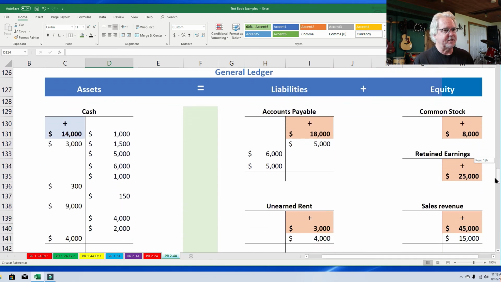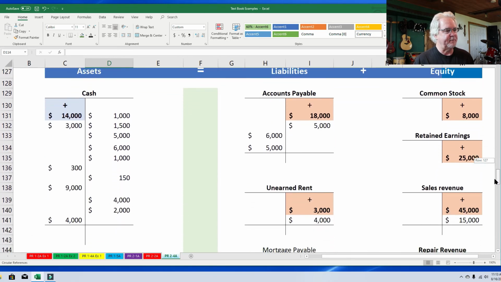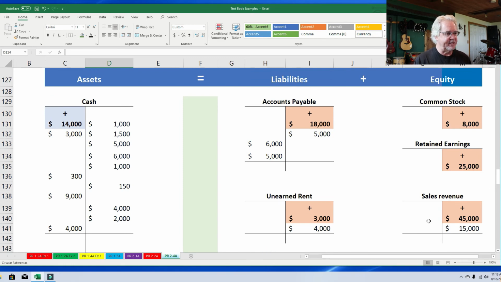So here we are down to the general ledger. Let's find out the balances. So let's find out the balance in the cash account. All we're going to do is add up everything on the left-hand side, including the beginning balance. Add up everything and subtract what was spent. So add up the left, subtract the right. And I've already done that, or I had Excel do it.